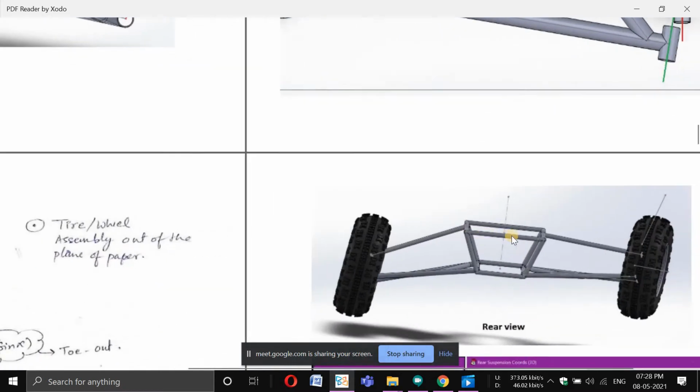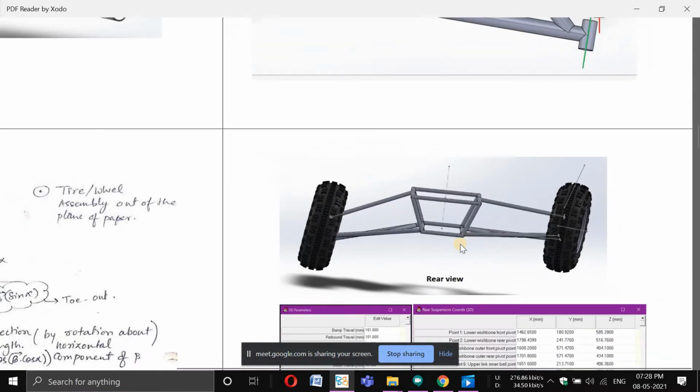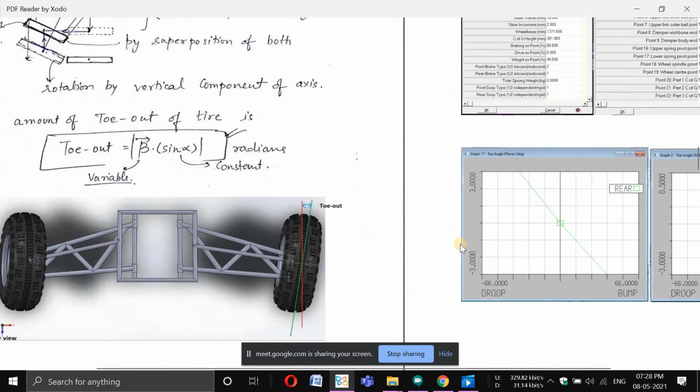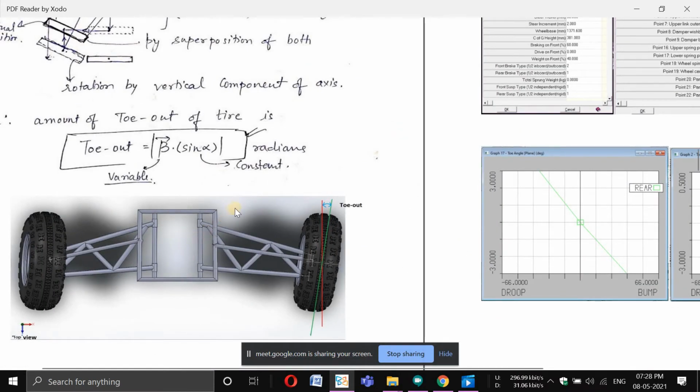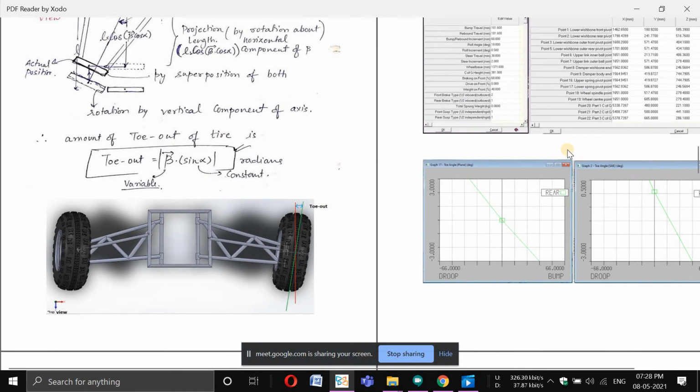So this is the rear view, that is how the body will roll. This is the rear view, and this was the front top view. In the top view we could see that the tire is turned by this much amount, toe out, and this toe out is the same as beta sin alpha.